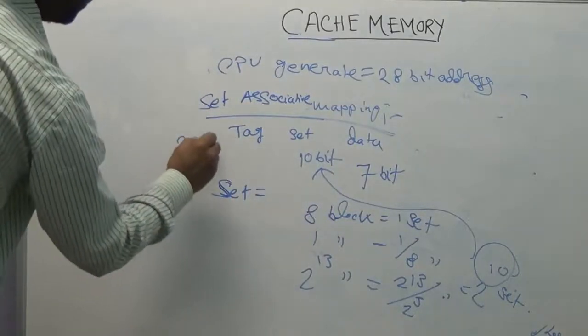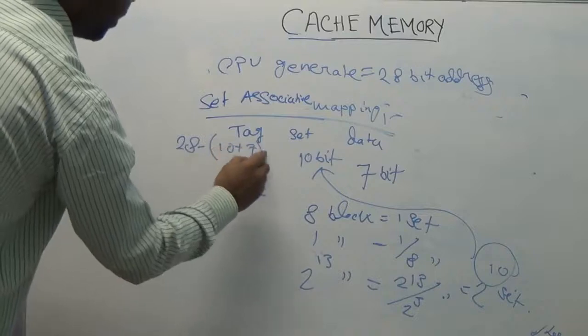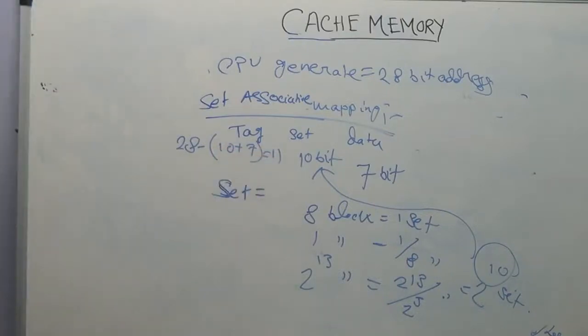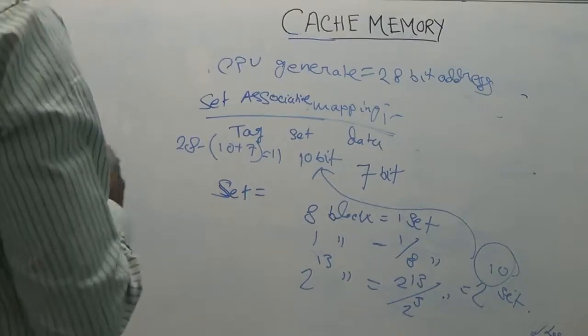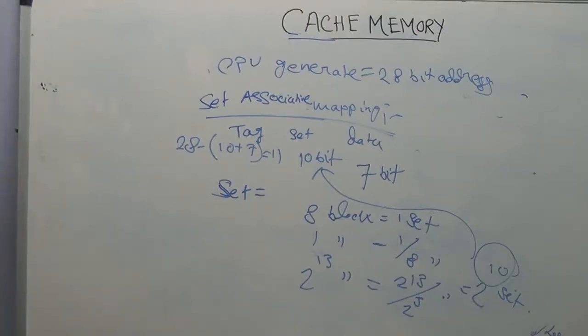So the remaining will be 28 minus 10 plus 7, that equals 11. So we get the value of 11 bit that is used as the tag field. So we get the different subfields in case of associative, direct and set associative.